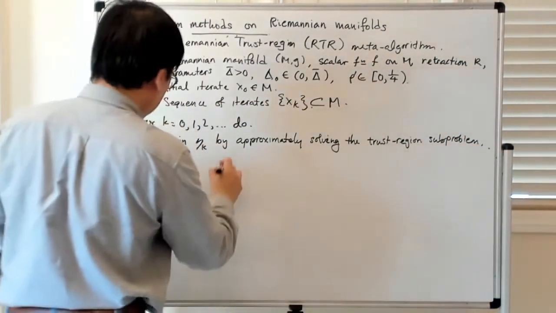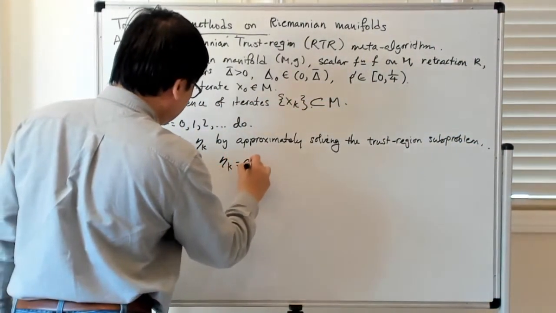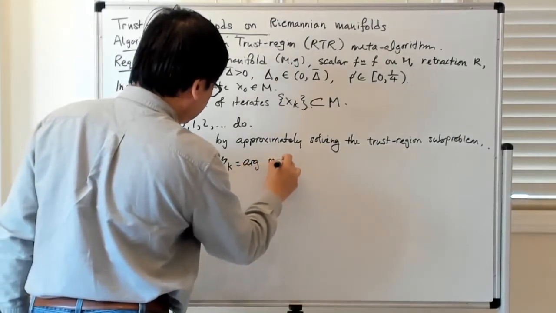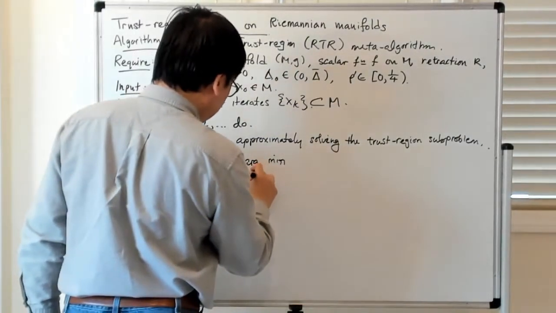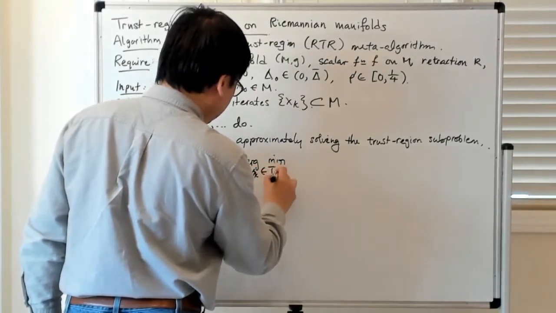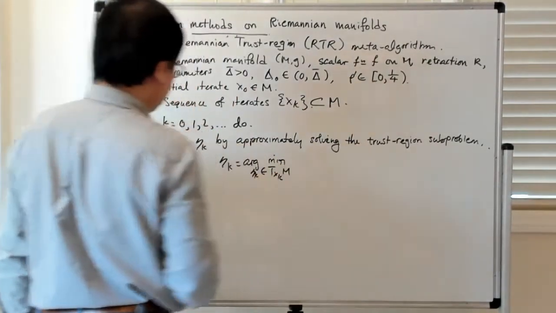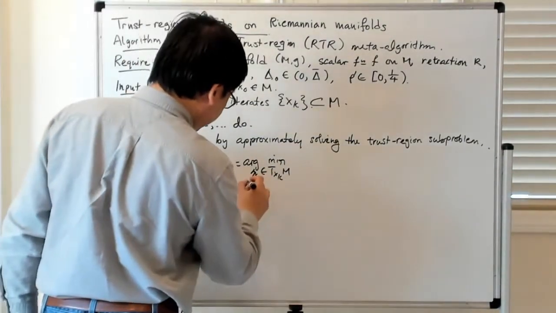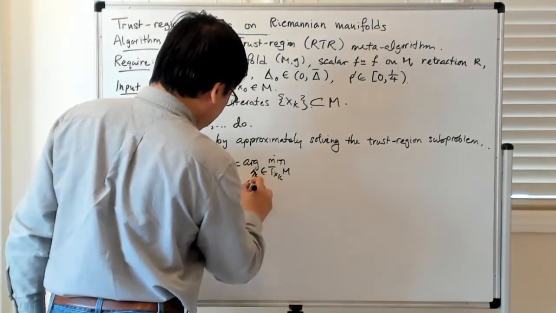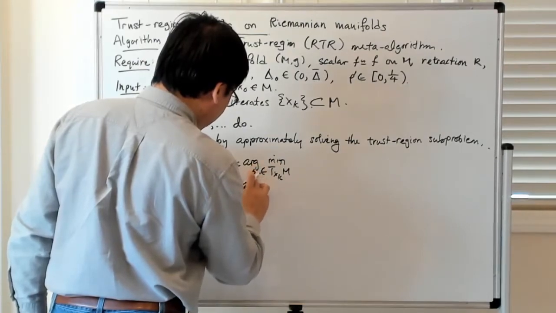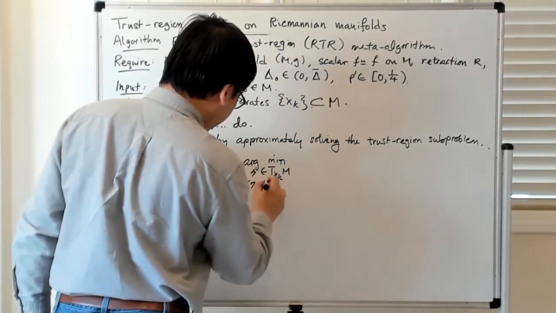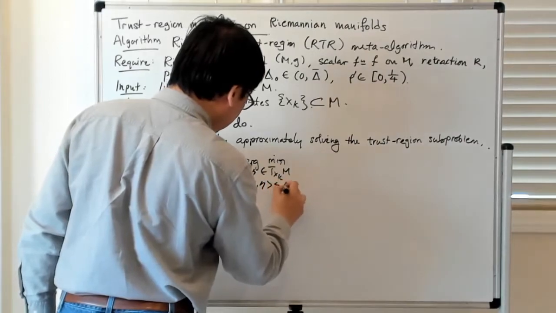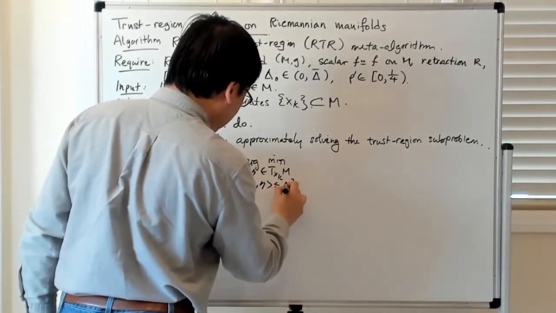Okay, which is that eta k is the arg minimizer for eta in the tangent space to this current iterate, with the property that, well, let's just put it eta here, eta inner product of itself is less than or equal to delta k squared.